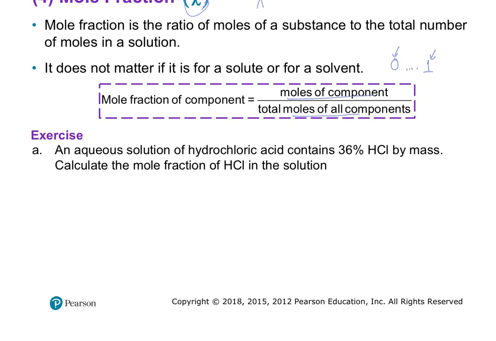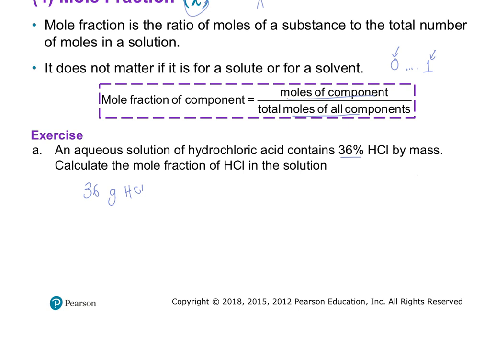So an aqueous solution of hydrochloric acid contains 36% hydrogen chloride by mass. Calculate the mole fraction of HCl in the solution. How you want to approach these types of problems with this mass percent is say that you have 100 grams total. Then if I have 36% HCl, then if I had 100 grams, I'd have 36 grams of HCl.